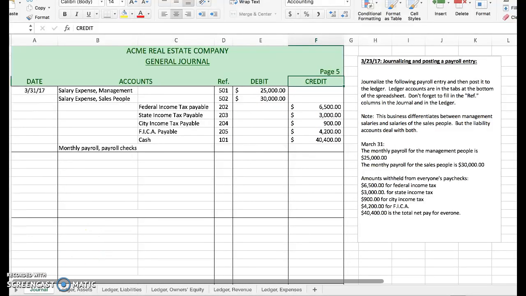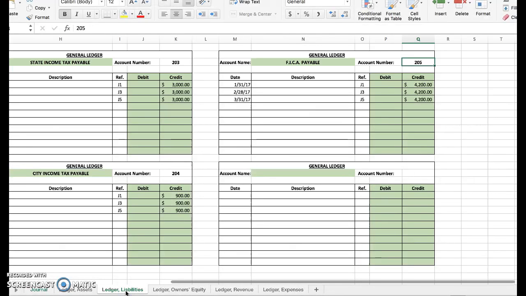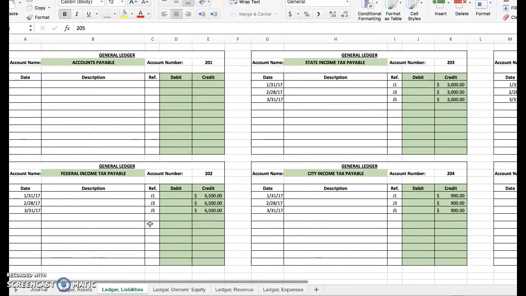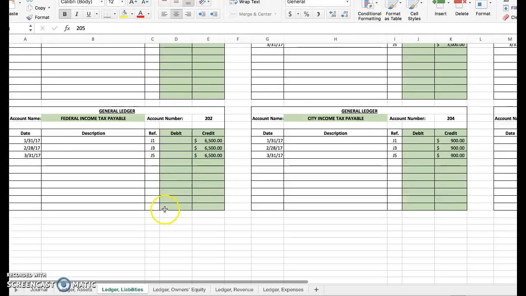One other thing I want to talk to you about in this entry will be the next question that you'll have at the end of this little problem. And that will be, if we look at liability accounts, eventually we have to pay these things. These are liability accounts that we owe.